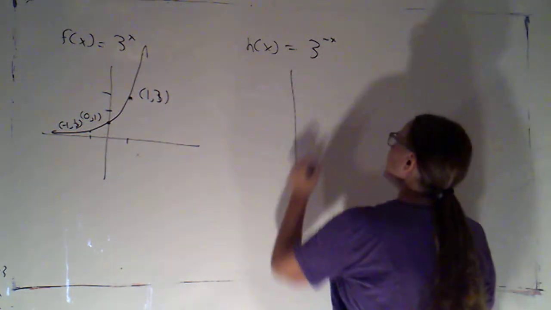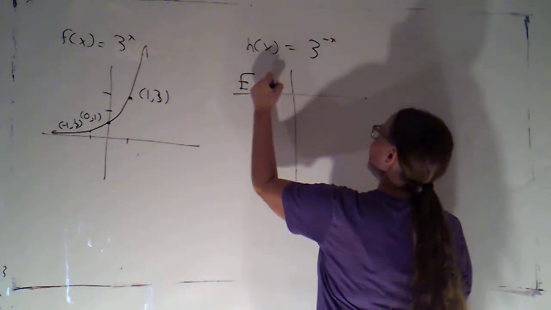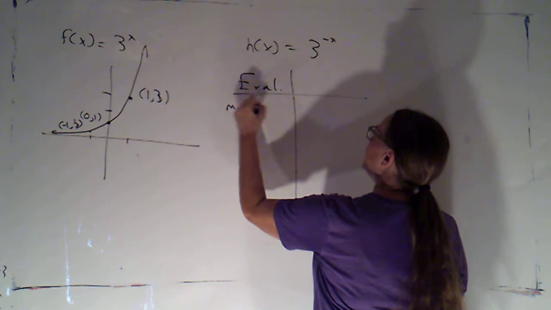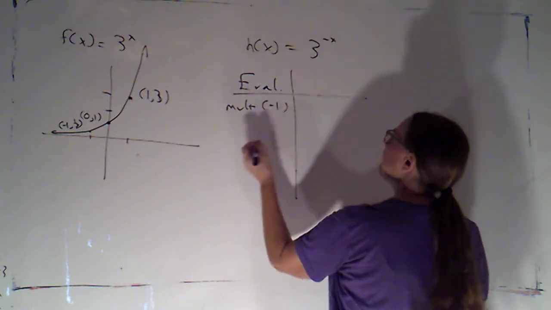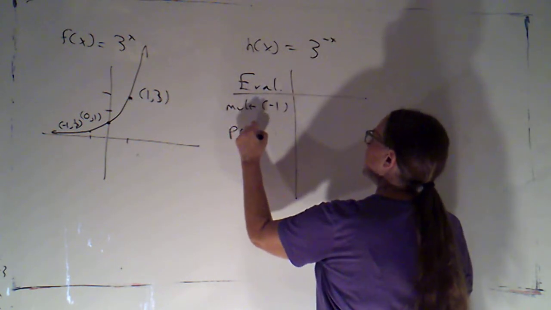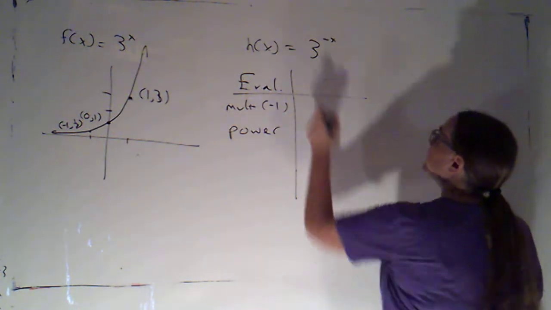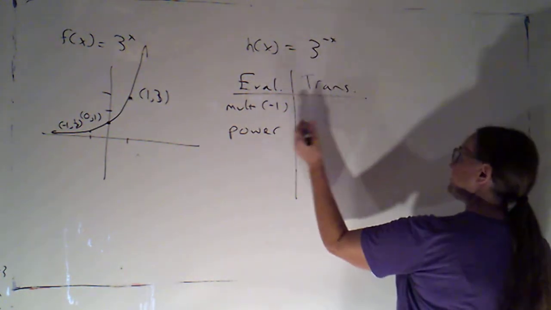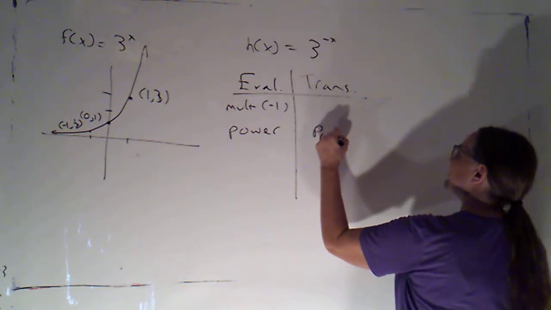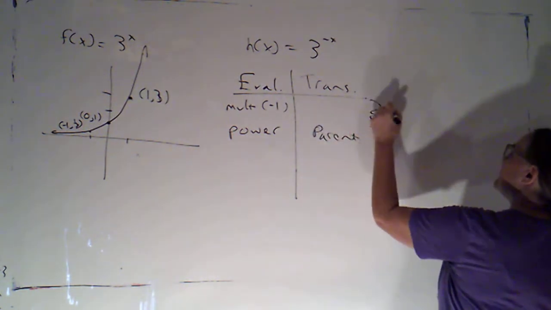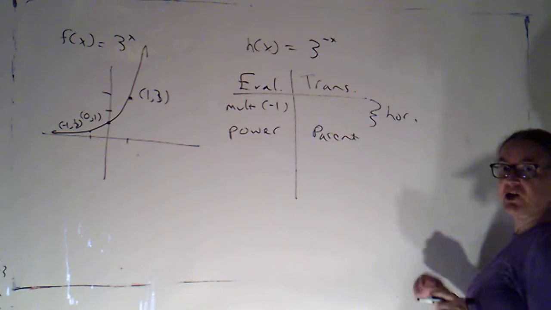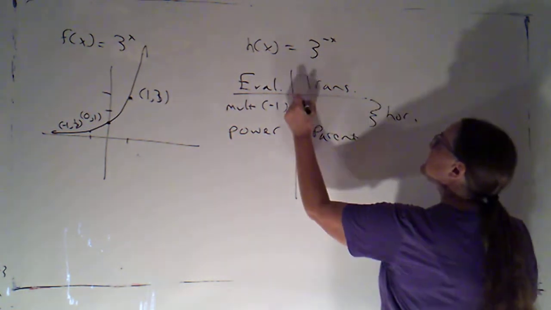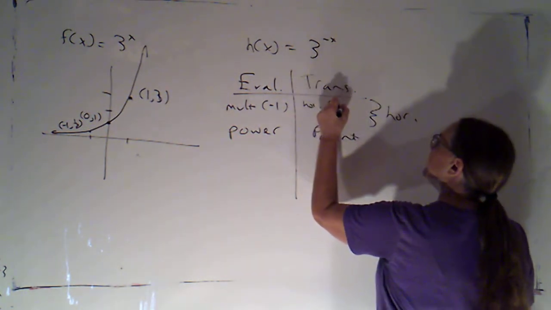In evaluating this, I would first of all multiply by a negative 1, and then I would raise 3 to that power. Raising 3 to that power, that's my parent function. So this is, again, a horizontal transformation. And this is going to be a horizontal flip.